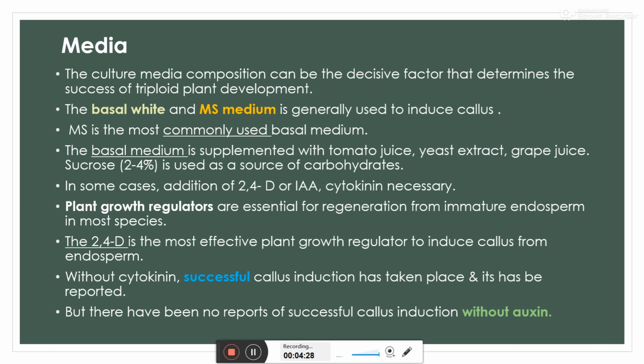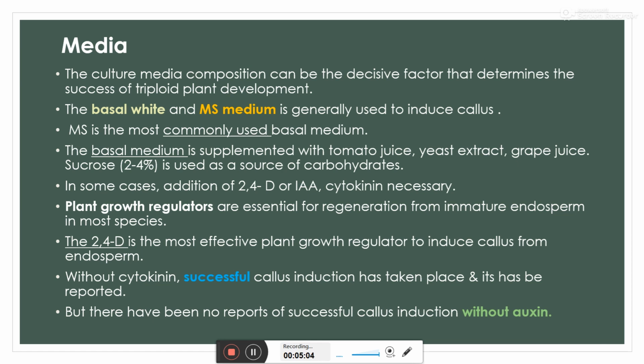We know that the culture media composition contains the factors that determine the successful growth of triploid plants. So these media also contain the factors that help induce callus formation. Among these, basal White's and MS medium are the most commonly used basal media.